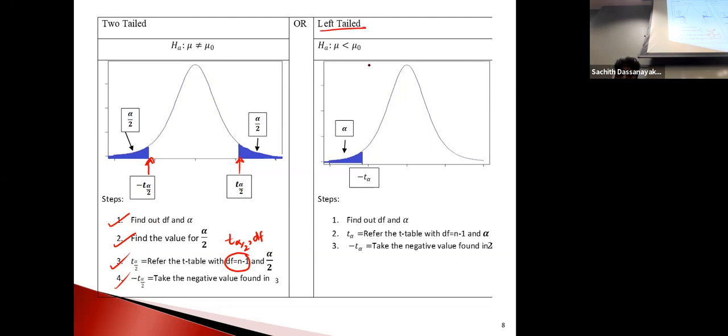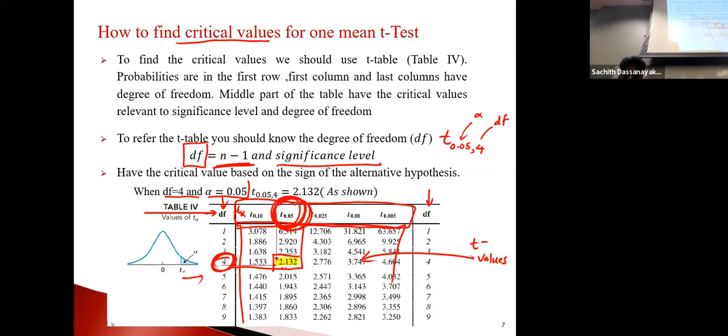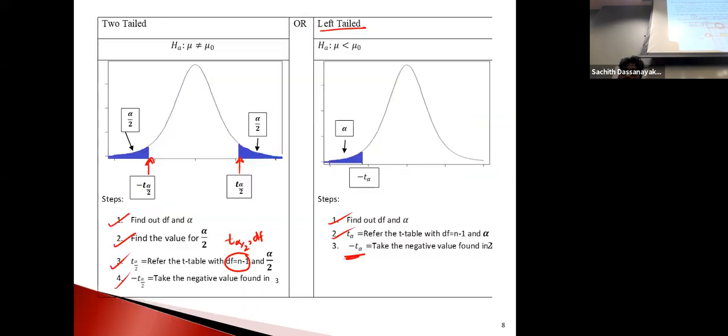If it is a left tail test, yes, the same thing. You have to find the T alpha, not T alpha over 2. Now it is T alpha. The value is negative because it is left tail. There are no positive or negative values in the T table, just positive values. You have to decide whether it is positive or negative.